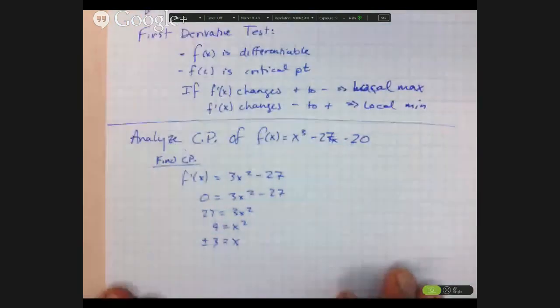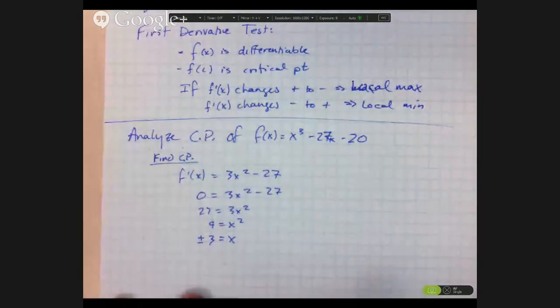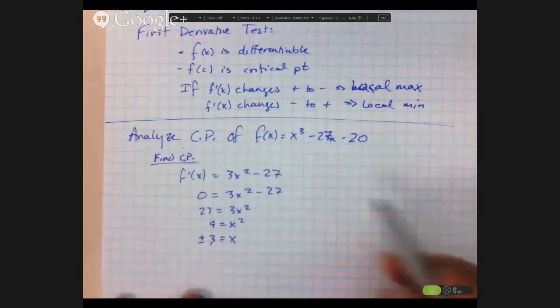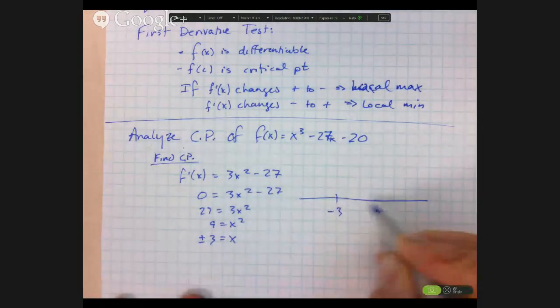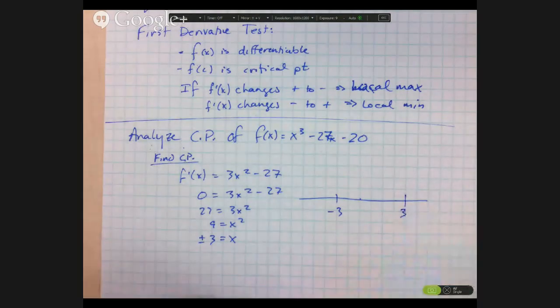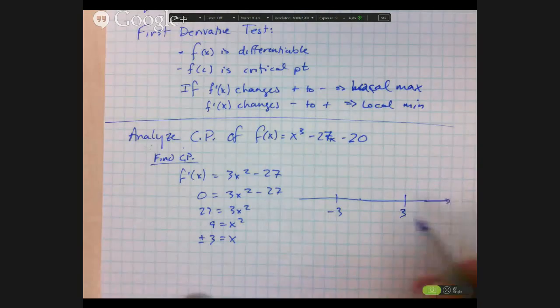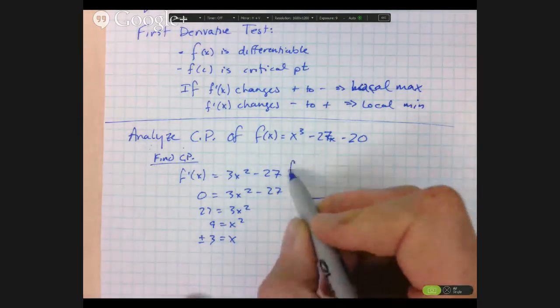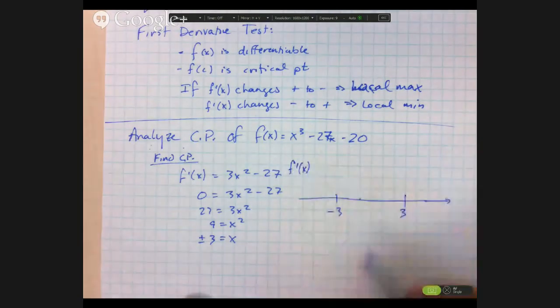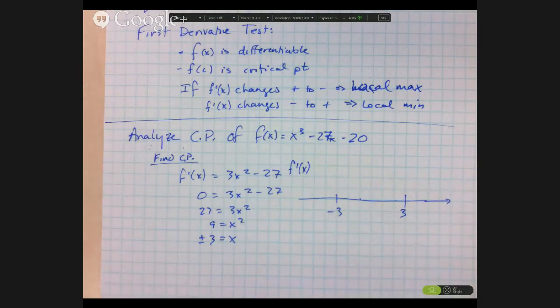This is where the first derivative test comes into play. We know those are critical points. It's going to tell us what happens. So what you're going to do is pick a number and analyze the derivative at that for its sign.